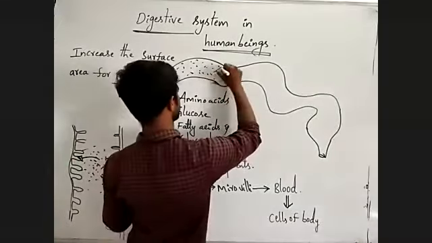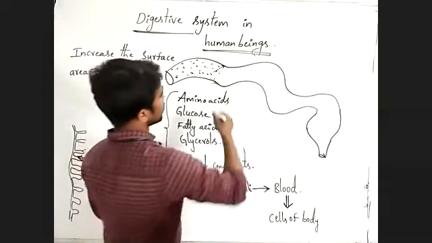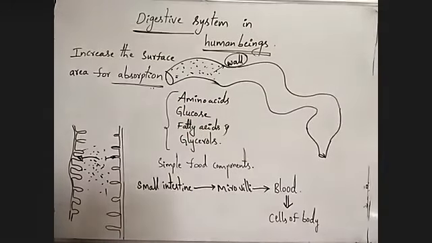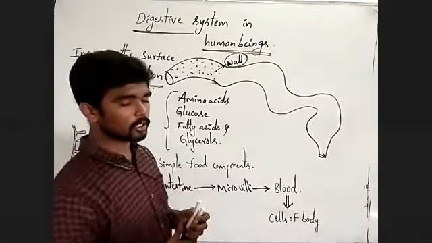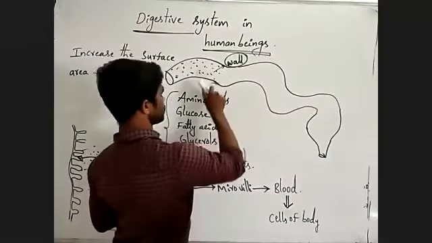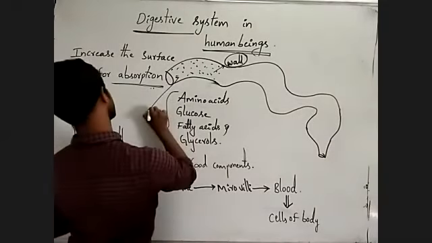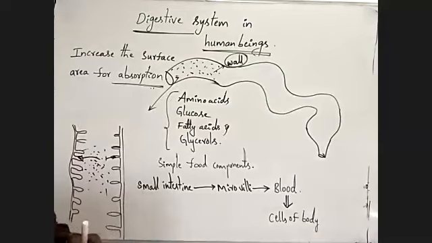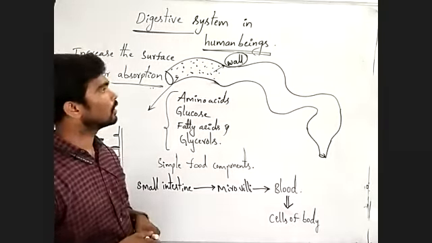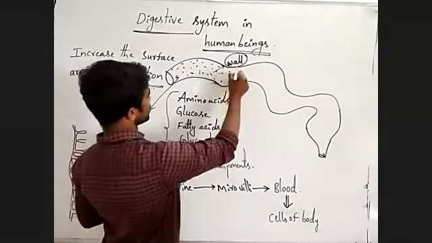Here, water present in the undigested food material is absorbed into the walls of the large intestine, forming the feces of the human being.